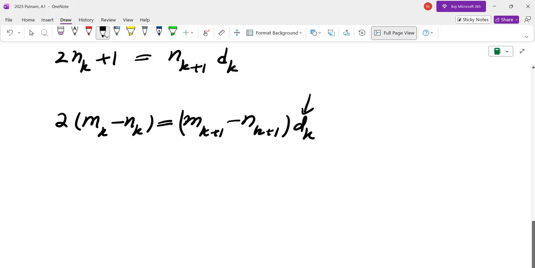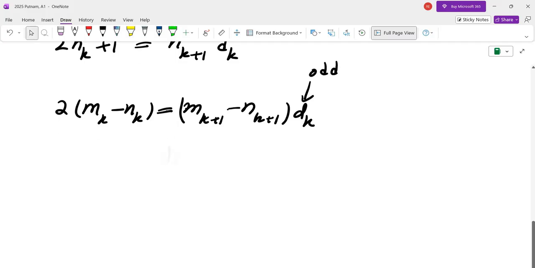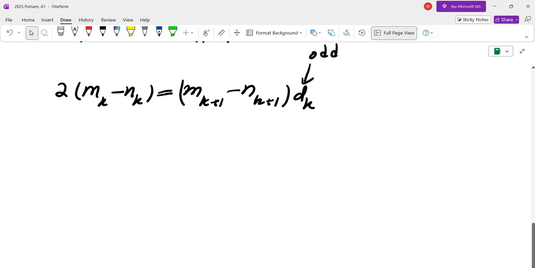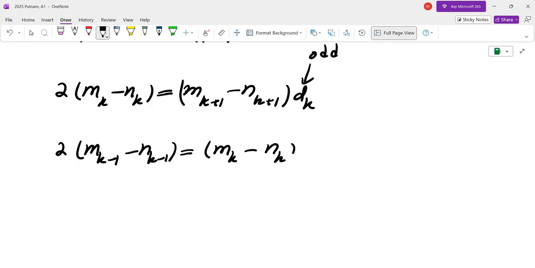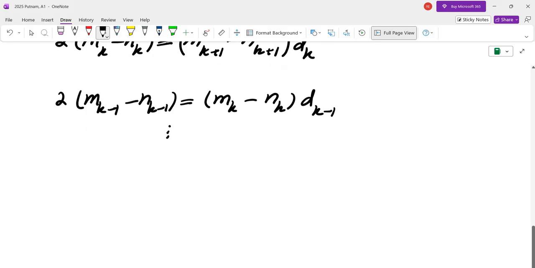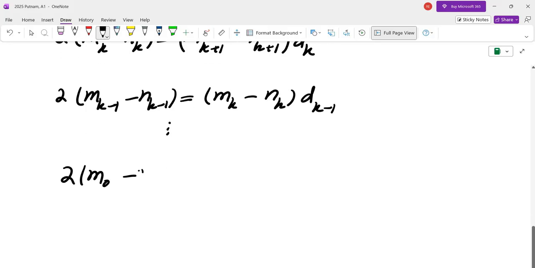Now notice that this dk is an odd number. So what do I get here? If I write down this one, 2^m(k-1) minus 2^n(k-1), that would be (mk minus nk) times d(k-1). If I repeat that, I would get 2^m0 minus 2^n0 is equal to (m1 minus n1) times d0.